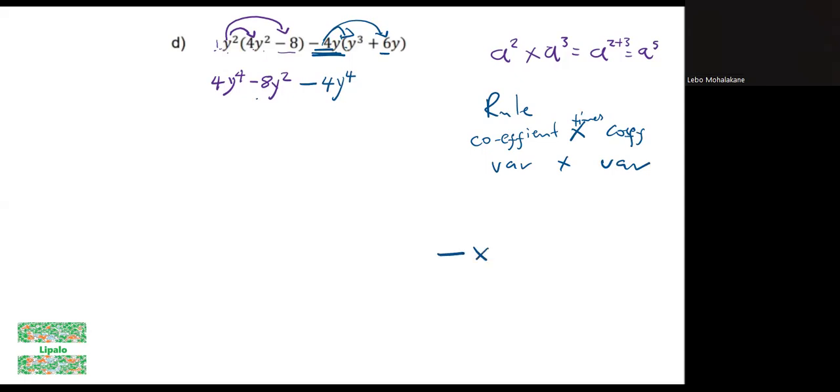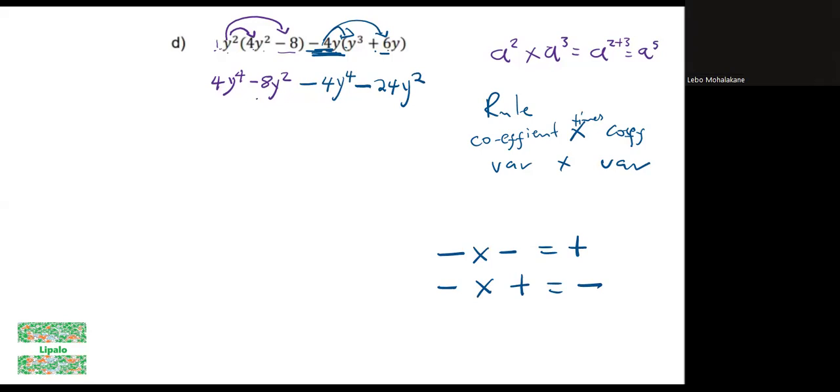A negative times a negative, the answer is always positive. A negative times a positive number is equal to a negative. So these are the things that you need to always remember. So negative here times a positive 6 is going to be negative. 4 times 6, it's 24. Then the y exponent 1 times y exponent 1 is going to be y exponent 2.